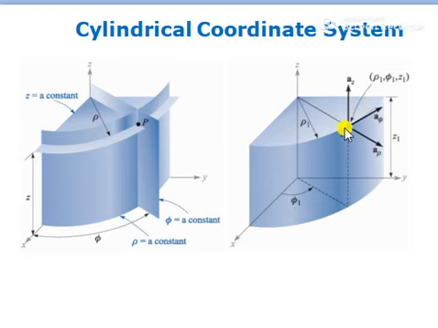Like this, the a phi direction is perpendicular to the plane, and a rho comes radially outward from the surface. So this is the figure of the cylindrical coordinate system representation.